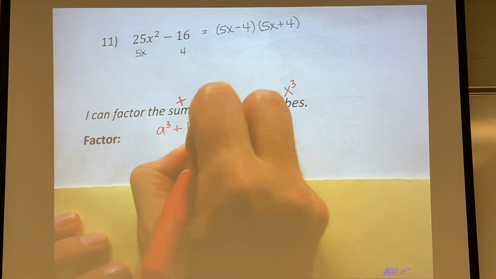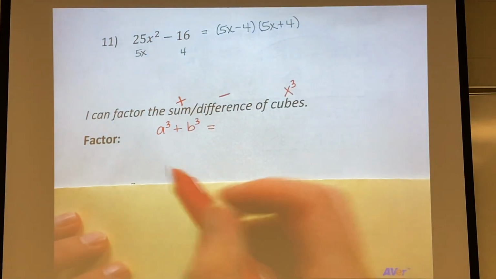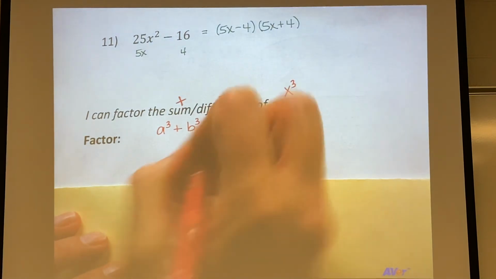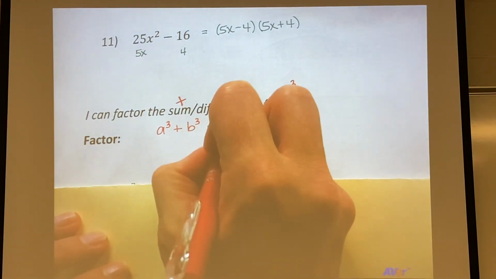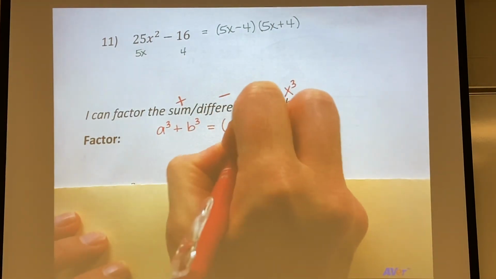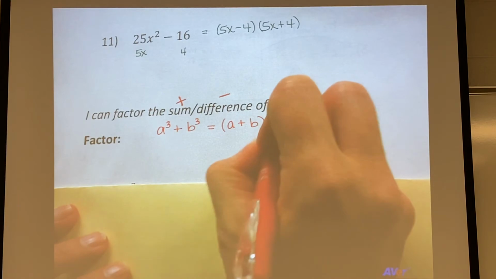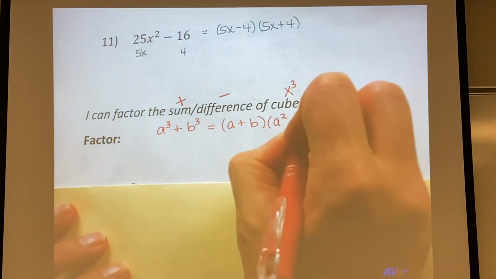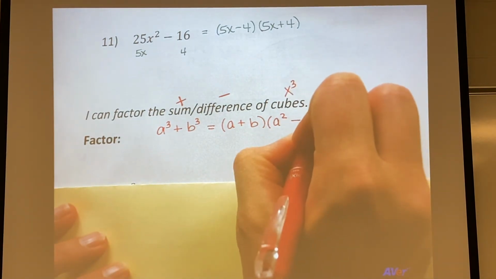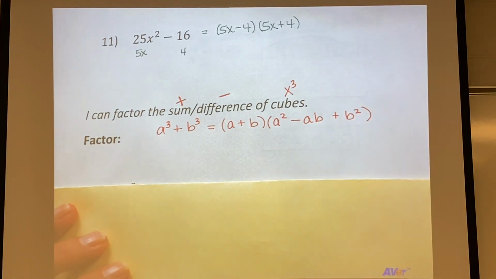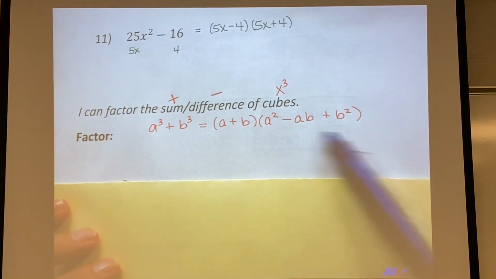Similar to when we did the squares, we have to find the root. So you would take the cube root of each of these, which in this case would be a and b, and it starts with a plus b. The second parenthesis is a squared minus ab plus b squared. Now you may have heard an acronym that helps remember the signs on this.